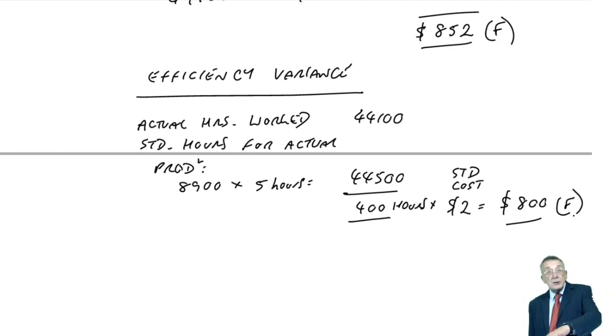And there we are. The two together is 1,652. I'm not going to wind back, but that's what we had as the total variance in the last lecture. But efficiency, it's exactly the same for labour and variable. For labour, it was 400 hours at standard cost of $5. For variable overheads, it's 400 hours at a standard cost of $2.